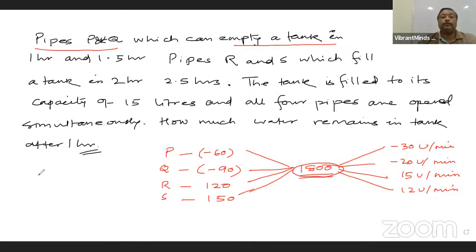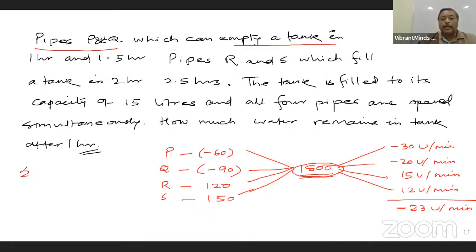This 1800 units is 15 liters total full. Now 30 and 20, 50 units is drained out, but 27 units is filling up. So effectively, how many units are getting drained? It is 23 unit per minute it is getting drained.